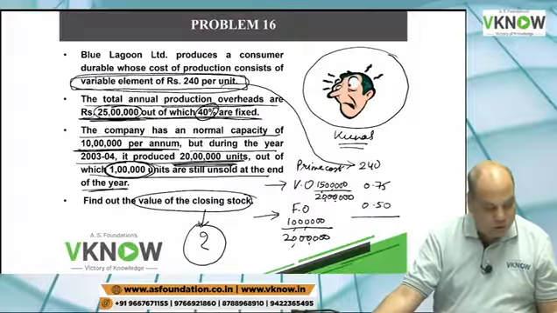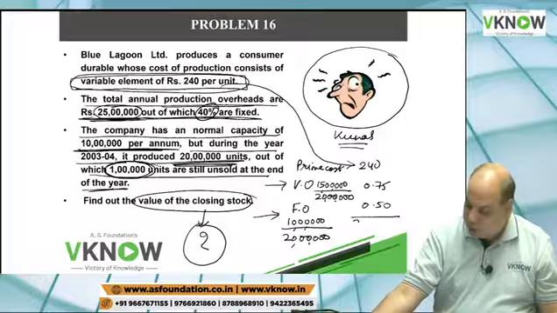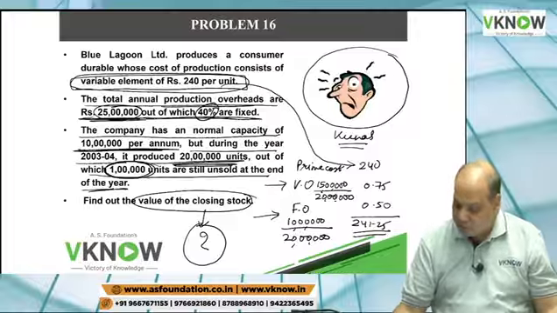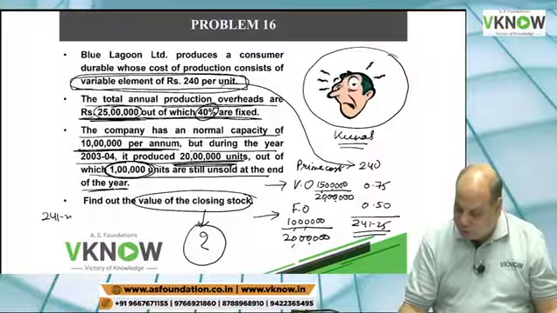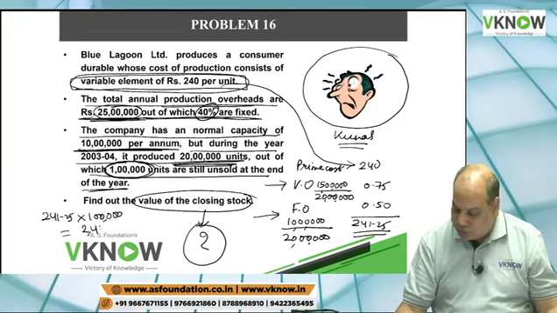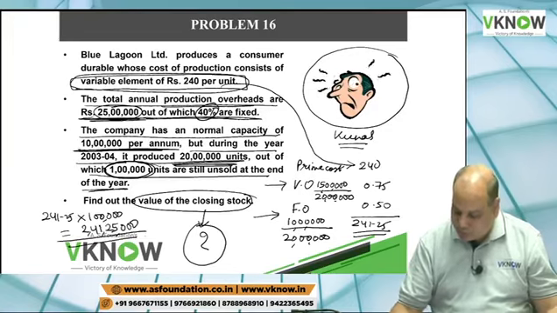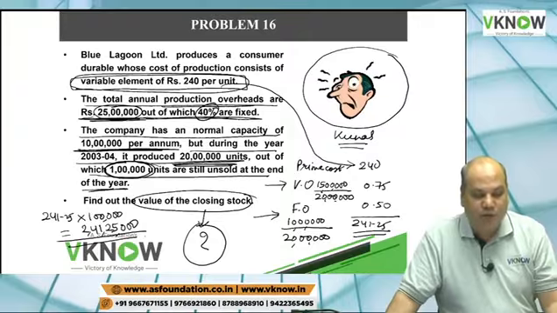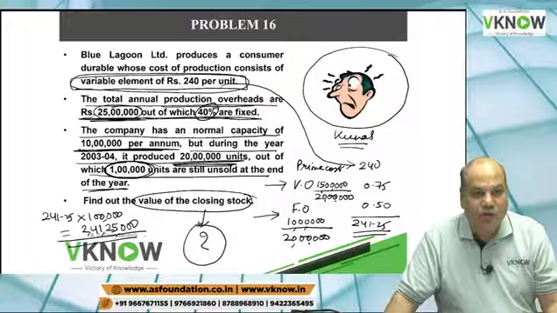So total comes to 241.25 per unit. 241.25 into 1 lakh. So that will come to 2 crore 41 lakh 25,000. Is the answer right?